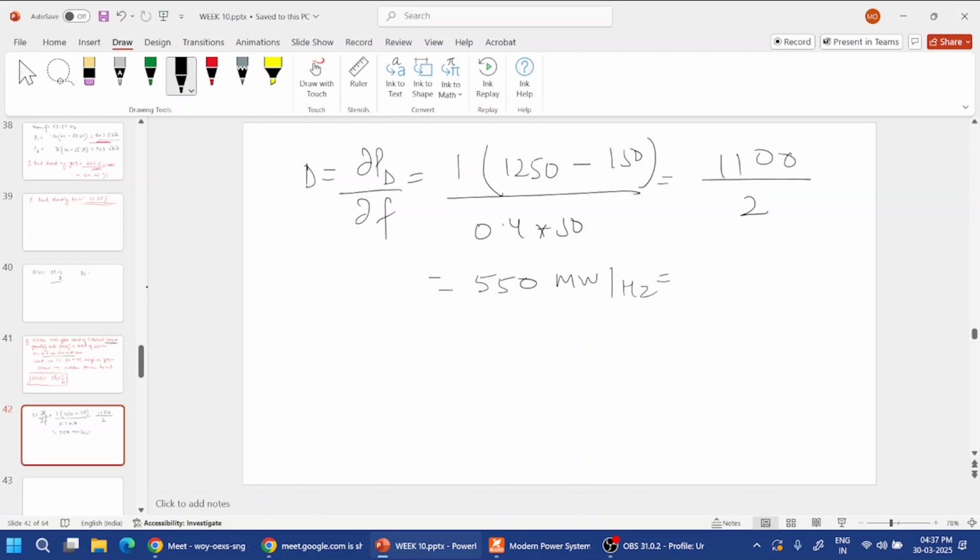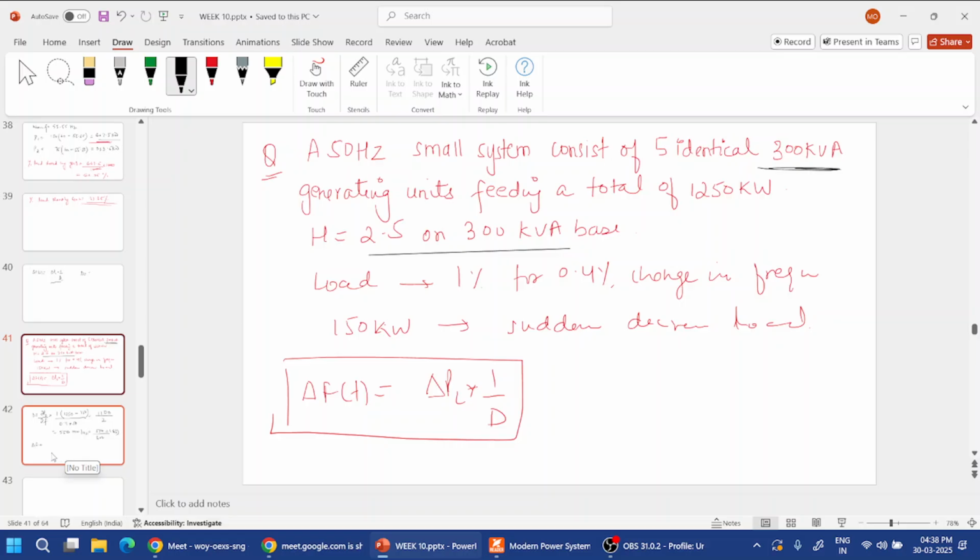Now if we divide it by 300, in per unit, 550 divided by 300 comes out to be 1.833.